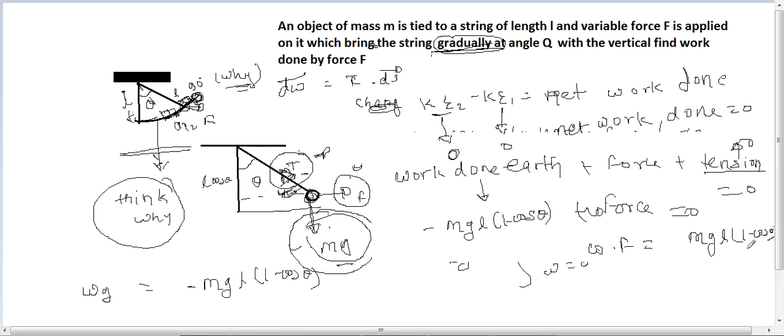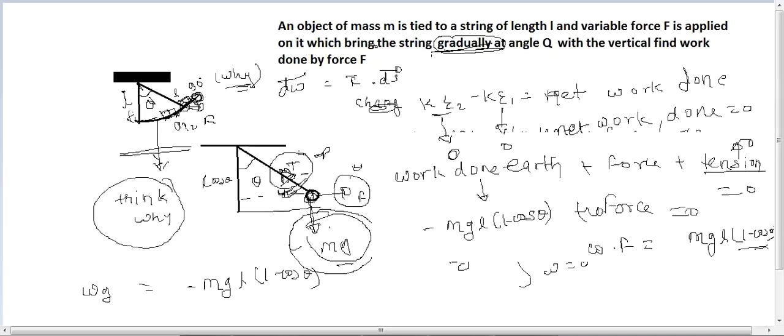Look at the power of this work energy theorem: here we do not need to find the force. We do not know what the force is at any instant, but we are able to find the work done. This is the power.